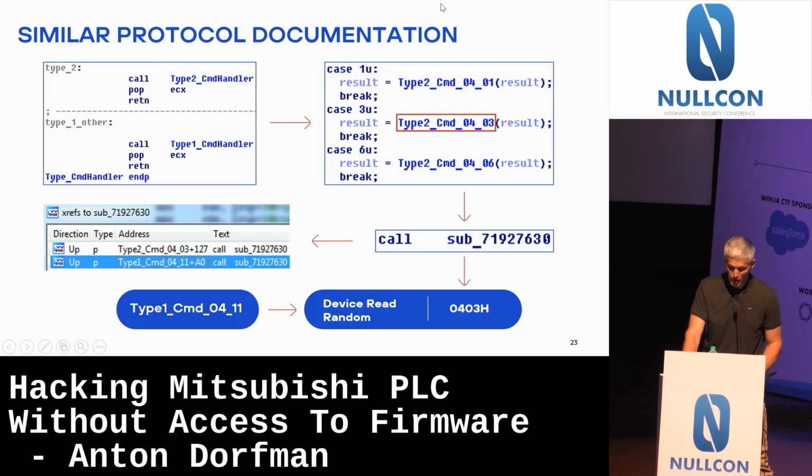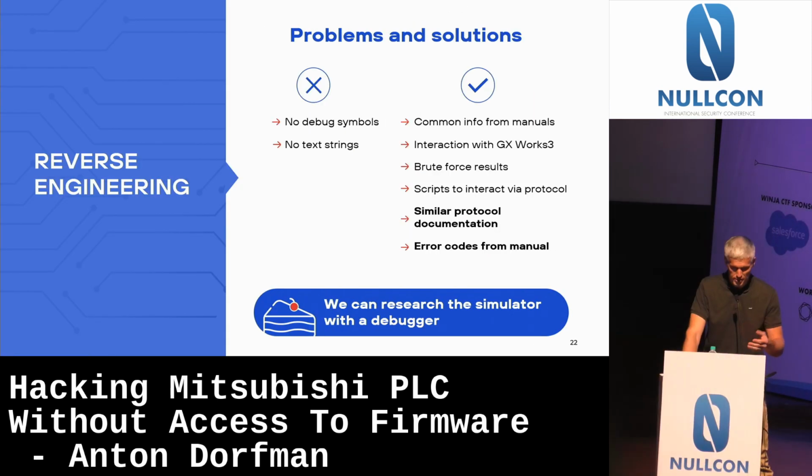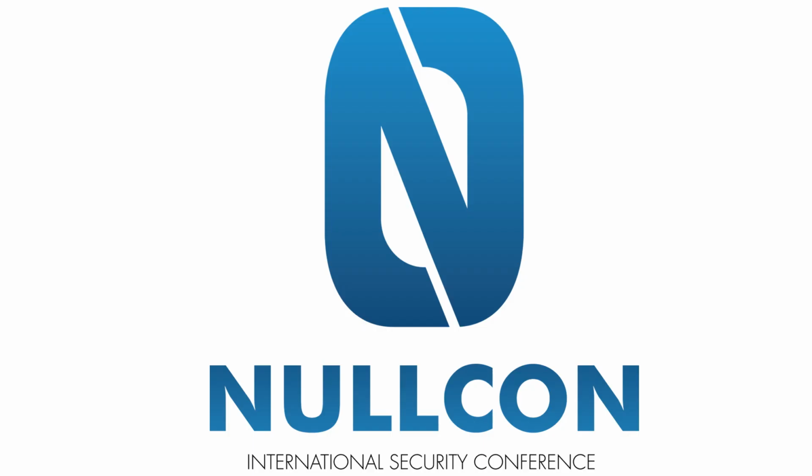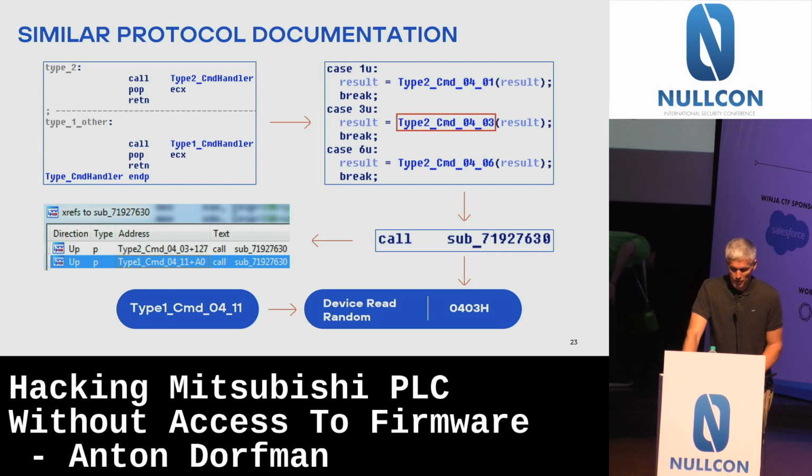One moment. So during this part, I will discuss some cases. Not, of course, the whole work of reverse engineering, but some interesting cases. So, how to continue? The first case: how can we use this similar protocol documentation? I found two handlers inside the code.